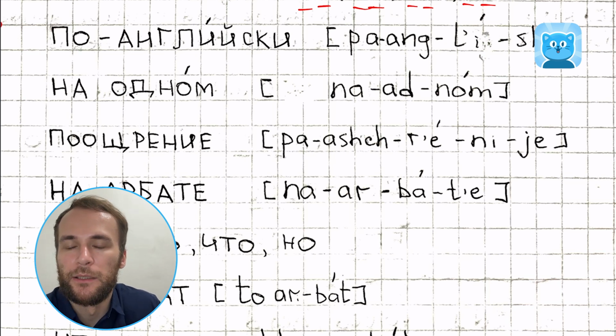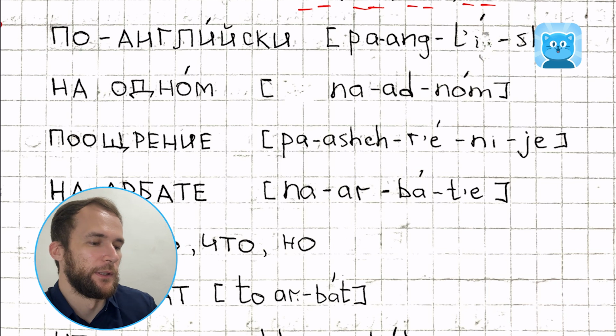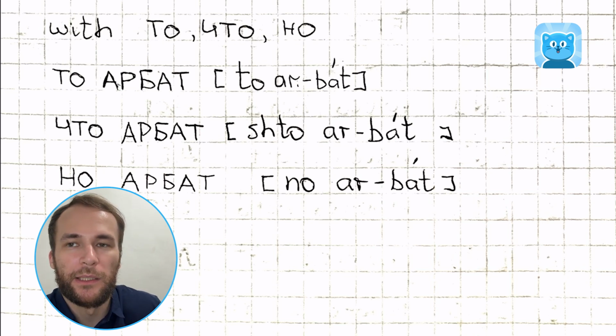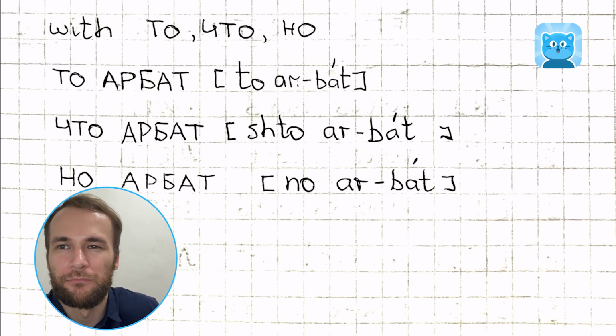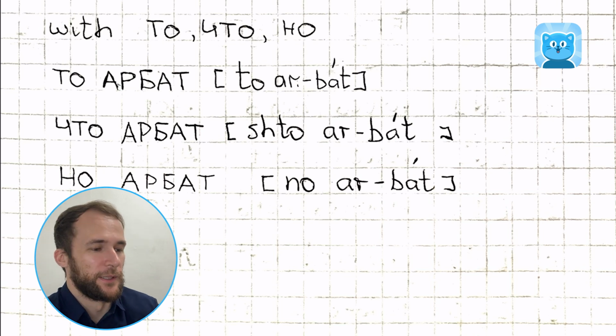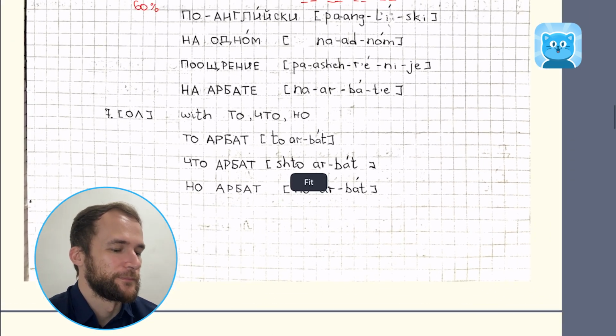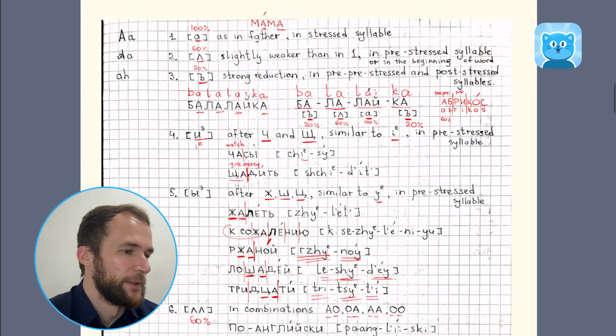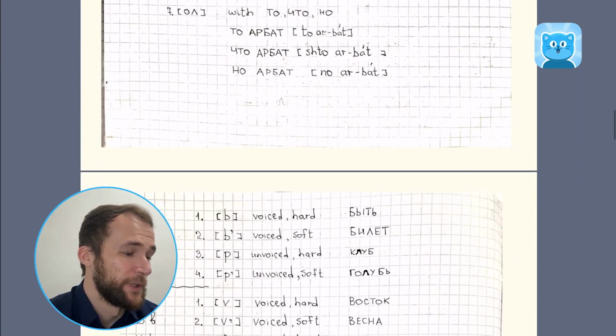На Арбате, right? Okay, или, or то Арбат, что Арбат, но Арбат, okay, but better say тоарбат, штоарбат,ноарбат. Okay, so that's letter A. And what else here? Let's go to letter B.